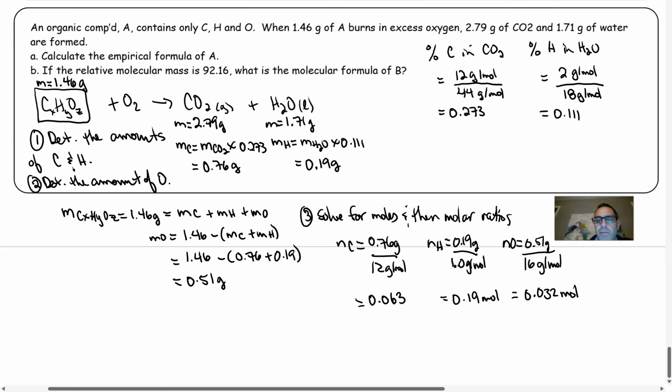All right, so now to find our ratio, we're going to divide by the smallest number, which is 0.032. And from here we're going to get a ratio of carbon to hydrogen to oxygen.